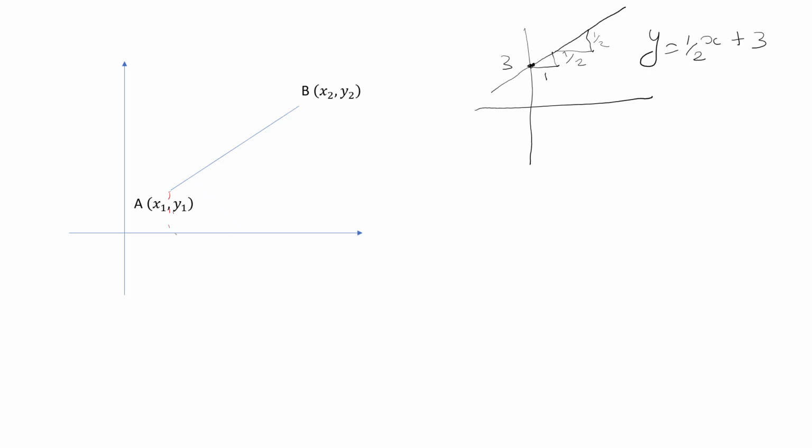This direction, this x1, this distance is y1. This point x2, this is y2. So let's make a right angle triangle.